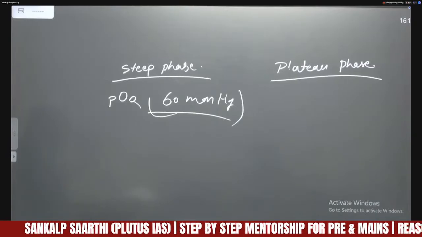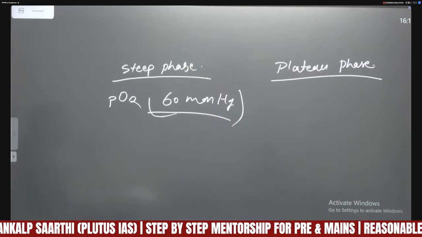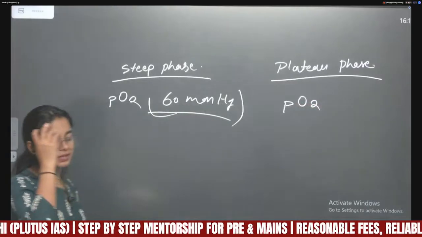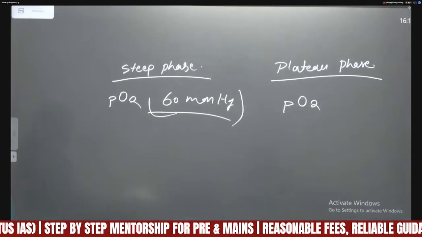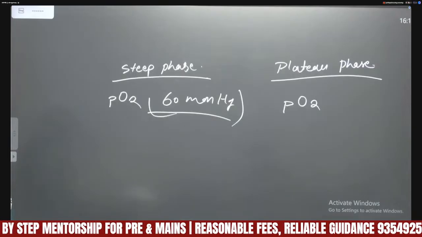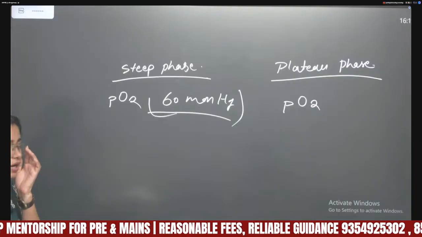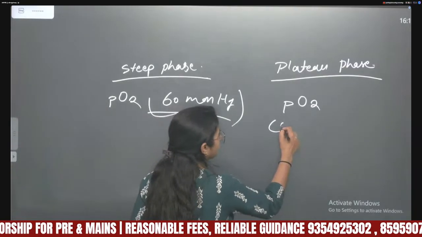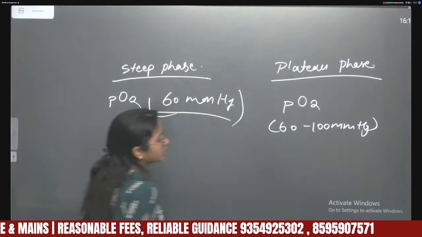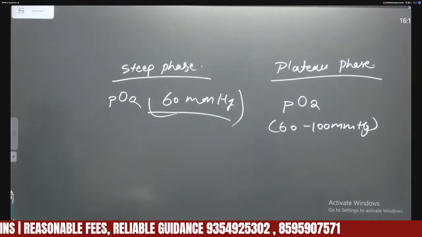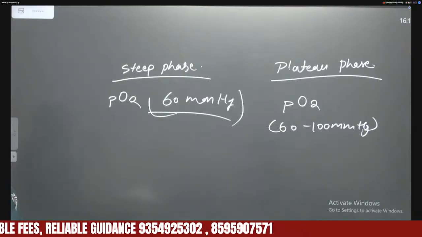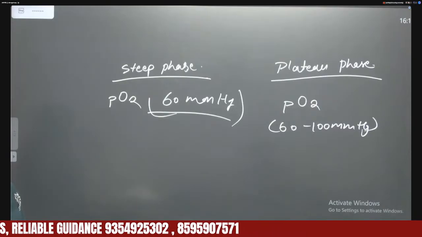Plateau phase में लिखो. It occurs at higher PO2. Bracket में typically between 60 to 100 mmHg. Mainly occurs in the lungs.